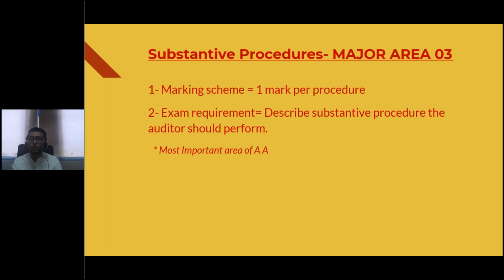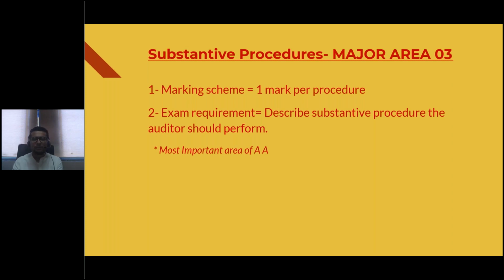Maybe you would like to verify whether the financial statements are accurate, whether the things are complete, whether the things which have been recorded by the client do exist. So there are certain things which we as auditors would like to verify, and in order to verify those things, we come up with certain procedures, and those procedures are called substantive procedures.